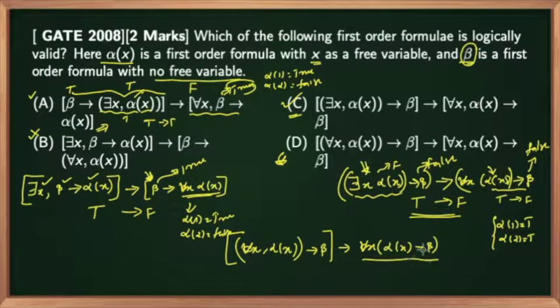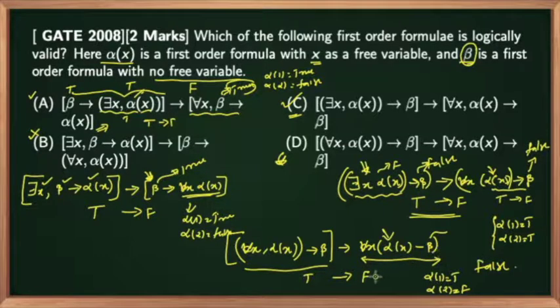So I had to have a truth assignment such that true implies false. So that means beta should be false. And here I need to have at least one alpha that is evaluated true, right? So I can have alpha of 1 equal to true and alpha of 2 equal to false. Now this statement will evaluate to false because alpha of 1 is true and beta is false.